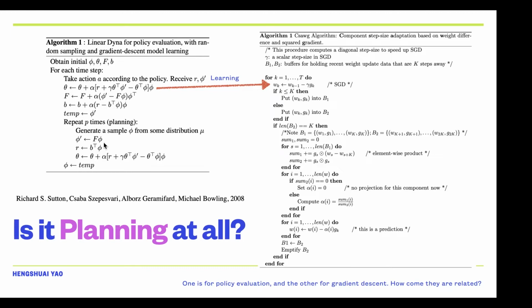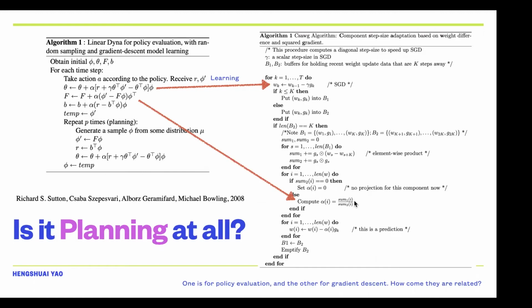This is basically linear Dyna. It appears that the matrix F update also has a one-to-one correspondence in Chug. So the alpha there serves as a transition model.